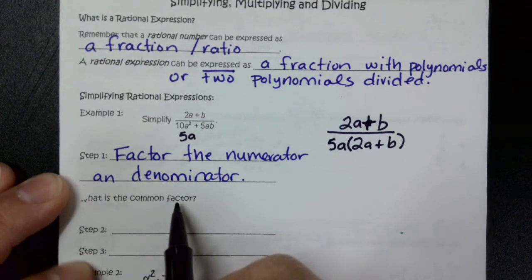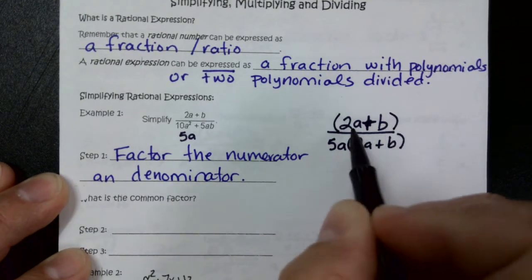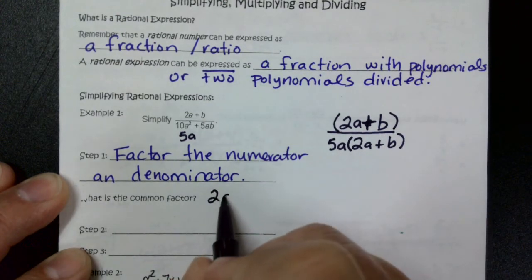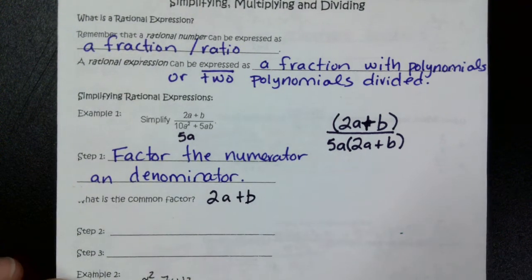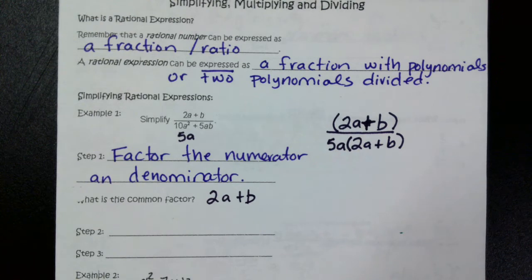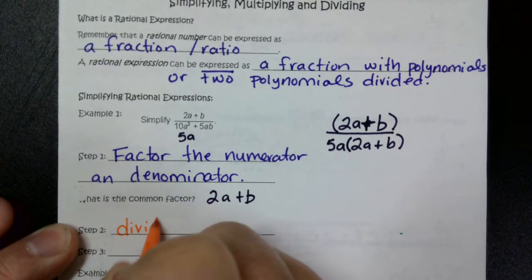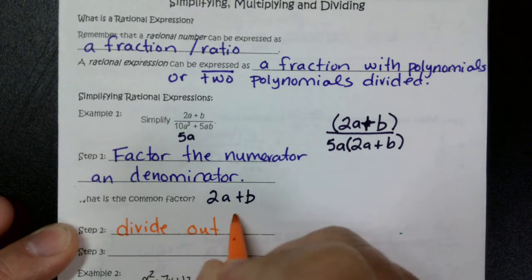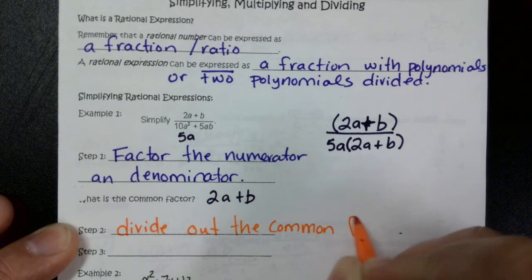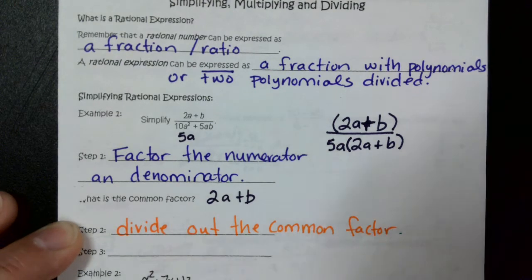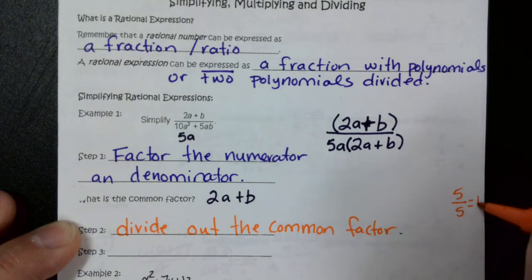So the question here is, what is the common factor? If we notice, we have a 2a plus b in the numerator and the denominator. That is my common factor. So that is helpful to us because I can now divide out the common factor. If you remember, anything divided by itself is 1.